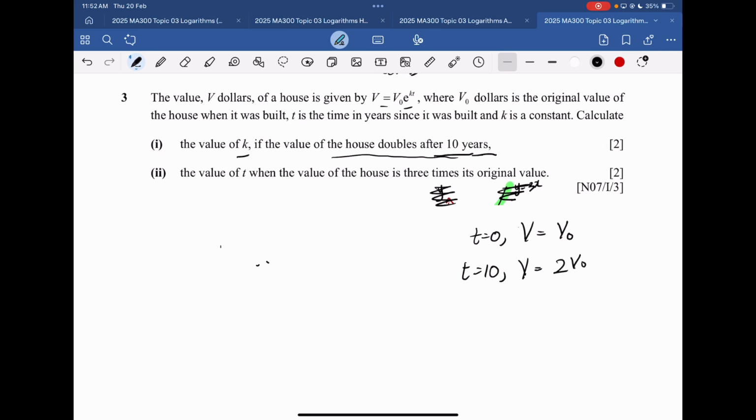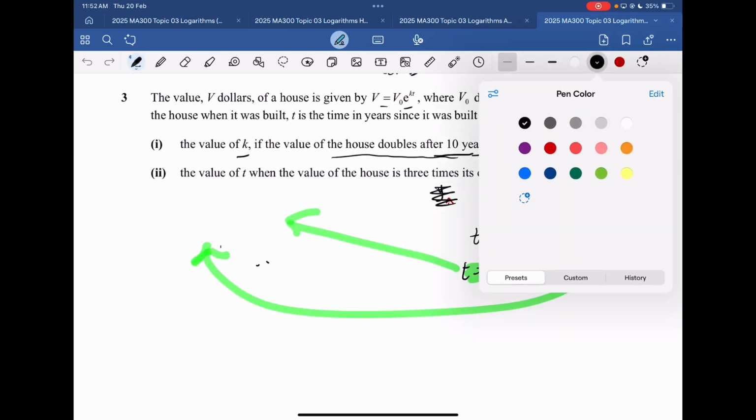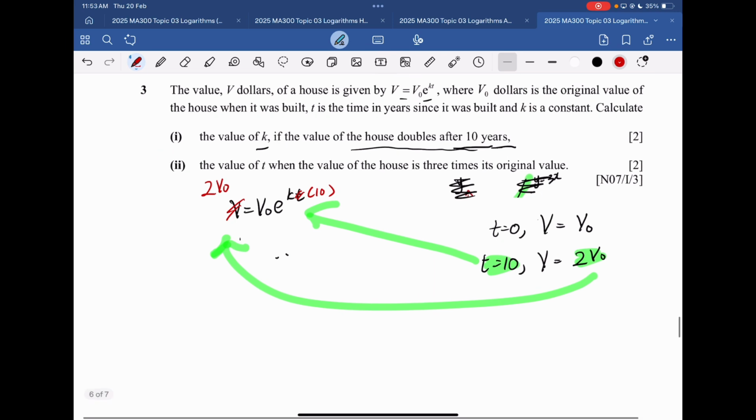Very good. So all you need to do, children, is take this. If you can read in English, you can think in math, and you will have a very good life doing math. You substitute the value as 2V naught and time as 10. So 2V naught equals V naught e power 10k.